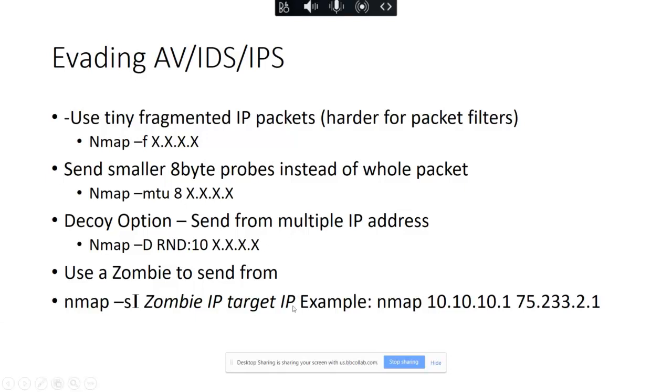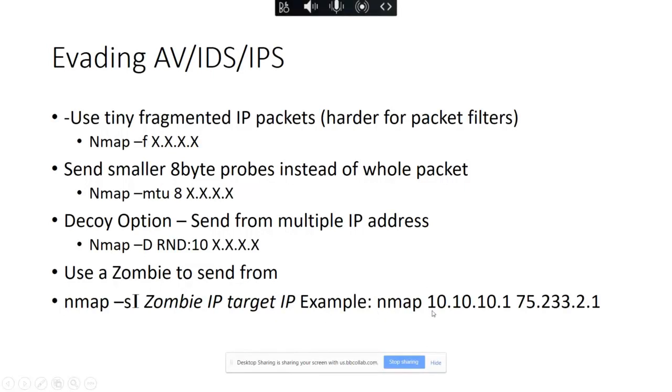Another option is to use a zombie, and the zombie would be an actual real computer. So you do Nmap -sI, and then the zombie IP address, and then the target.